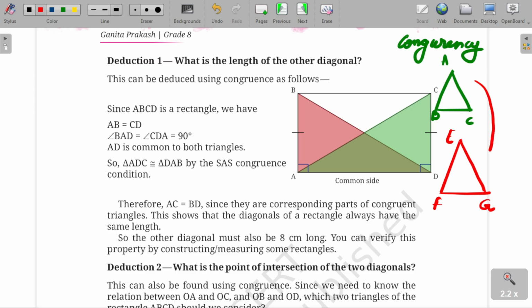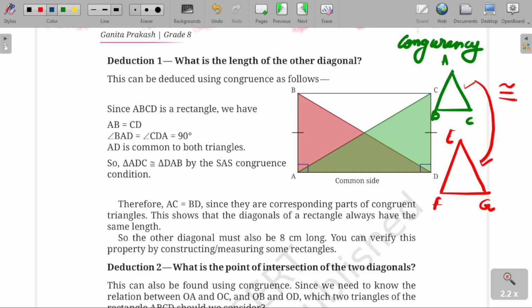When will both triangles be congruent? This is a sign of congruency. We can say these two triangles are congruent when the corresponding sides and corresponding angles are equal.